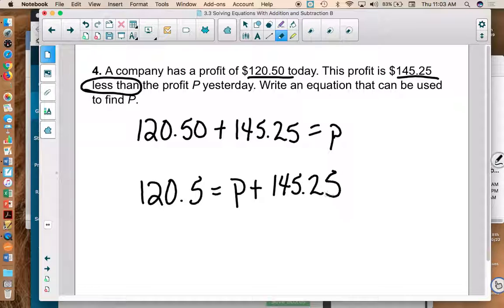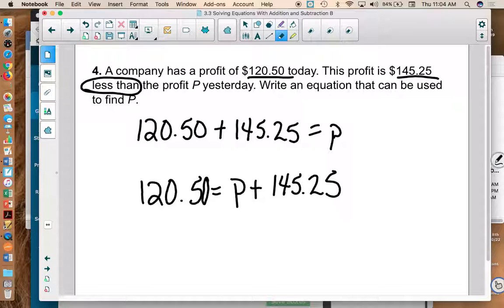Okay. Now, why are you adding the 145 and 25? Because it's algebraic, and if you were to solve that, you would be subtracting 120 and 50 cents and 145 and 25 cents. Oh, I needed that zero there.